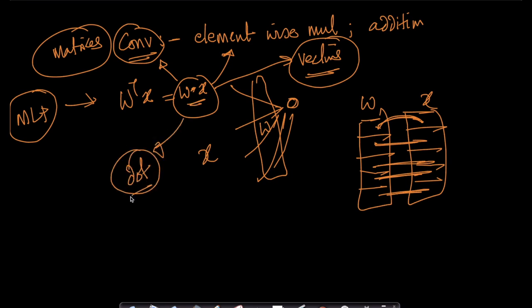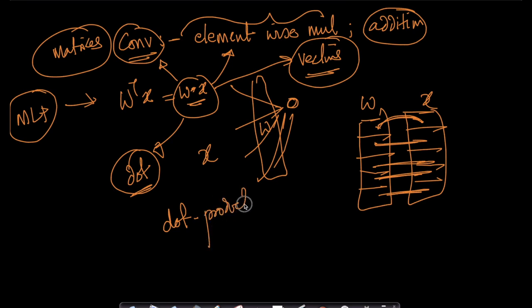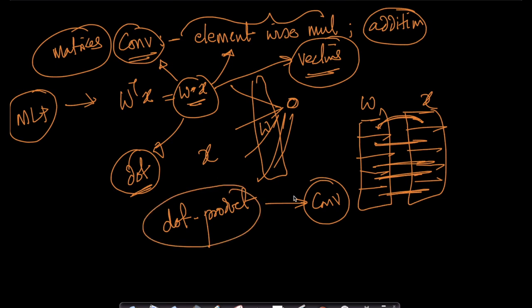This is a dot product, right? It's very similar to a dot product, but done on matrices. So we are doing an element-wise multiplication plus addition. And this analogy, this relationship between a dot product and convolution, I will revisit when we learn the convolutional layer in a neural network.